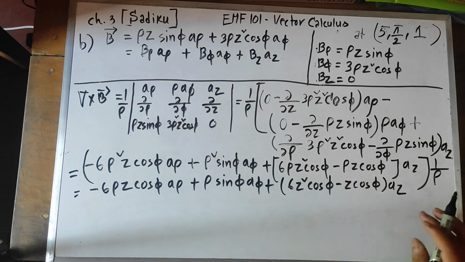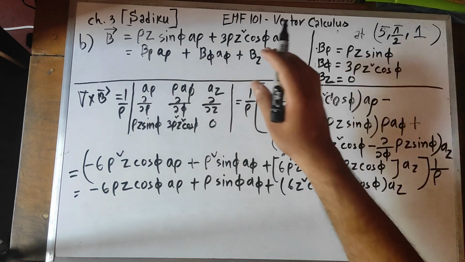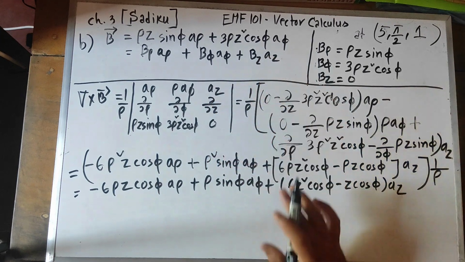So this is the curl of the corresponding vector b in the cylindrical system.